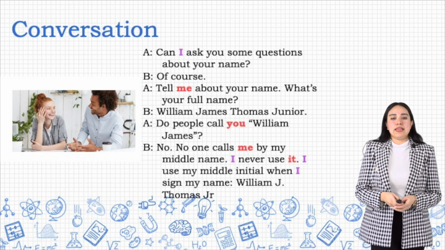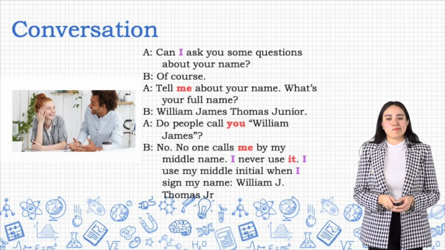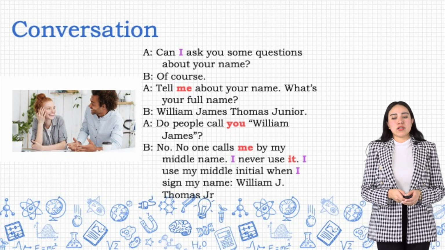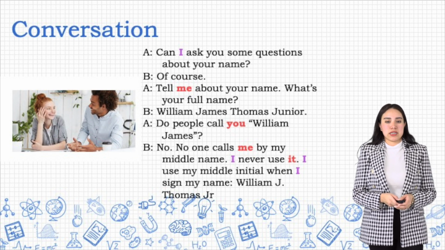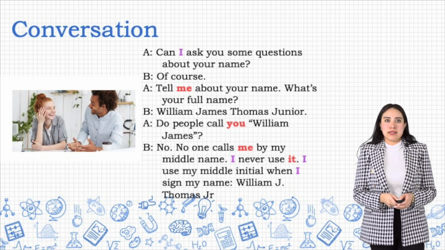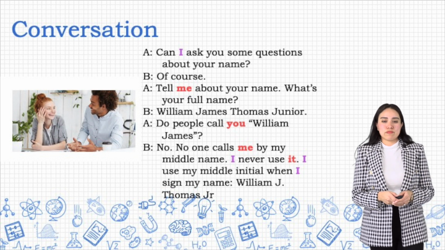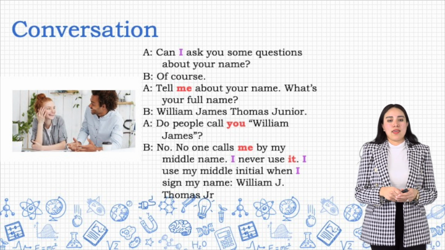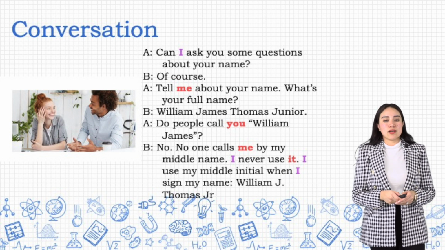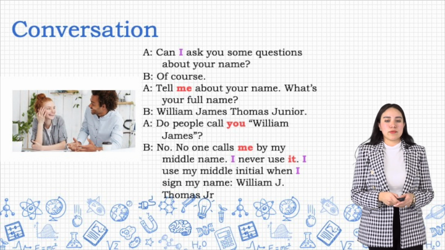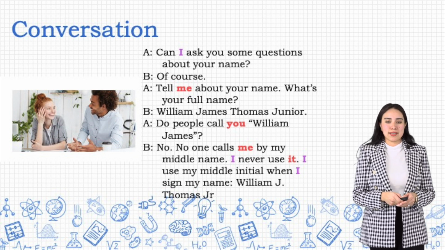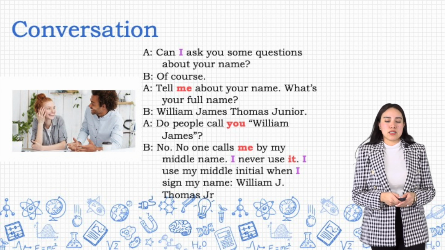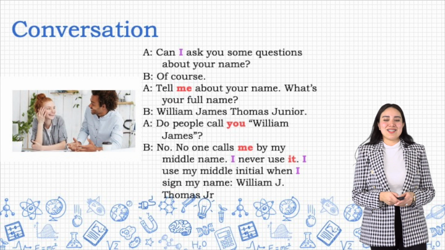Letter B: "William James Thomas Jr." Letter A: "Do people call you William James?" So we have again this word "you," so that means that you are receiving an action. Letter B: "No one calls me by my middle name. I never use it." We can see another keyword.